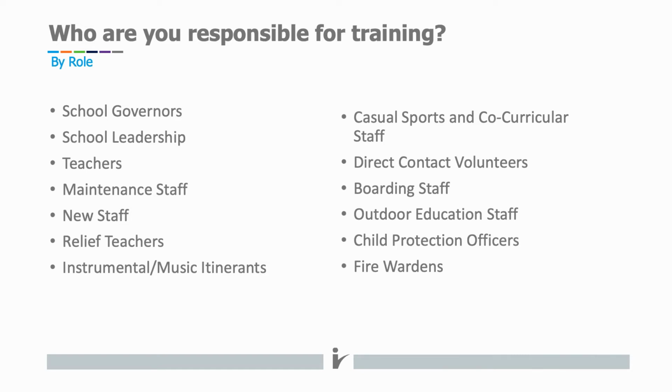So really this is where the list can get very long depending on the nature of your school's operations. So you can have anything from your governors, teachers, through to casual sports and co-curricular staff, even fire wardens, which is obviously not a job title as such, but is a role across your school. So it's very important to understand the full range of those you're training because this is critical in your overall plan for learning.